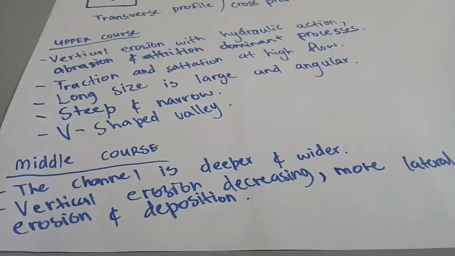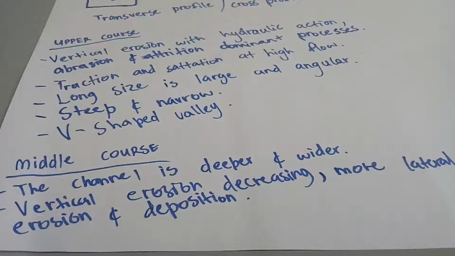And deposition is introduced because of all the material that was eroded in the upper course moved into the middle course, meaning that the erosion will cause a deposition, right? Yes, deposition is introduced in the middle course.